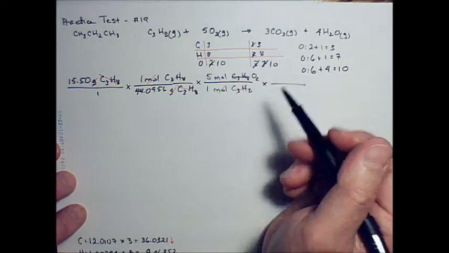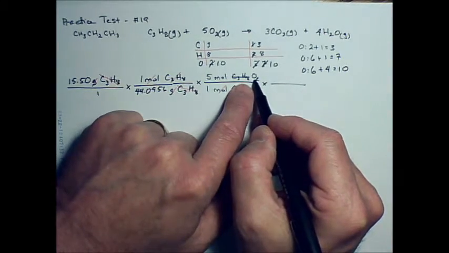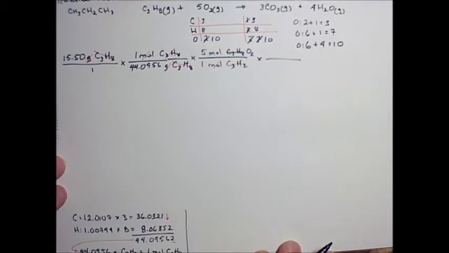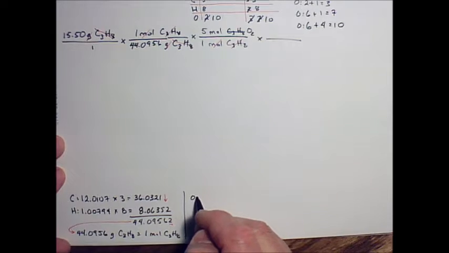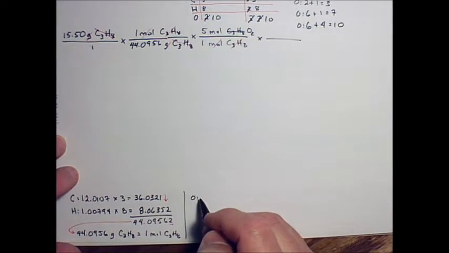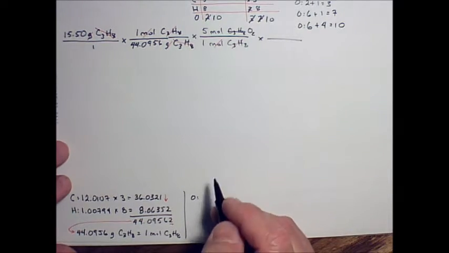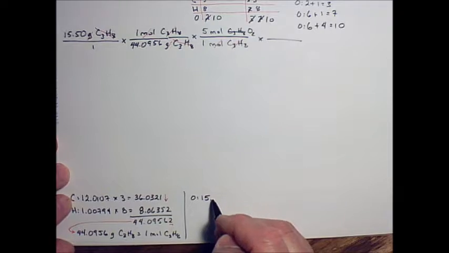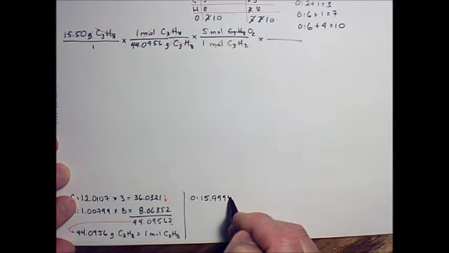Now that we've got O2 here, I'm ready to convert that to grams. So I need another molar mass for oxygen here. Oxygen's atomic mass on the periodic table, and you'll have that for your test reference. You have a copy of it already. The oxygen's atomic mass, or average atomic mass, is 15.9994.